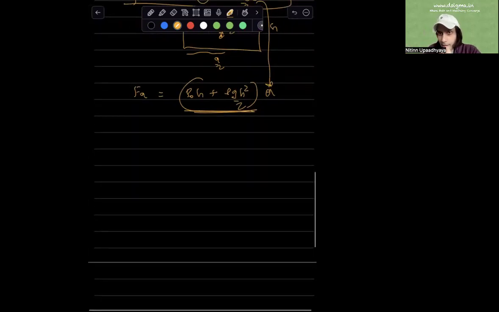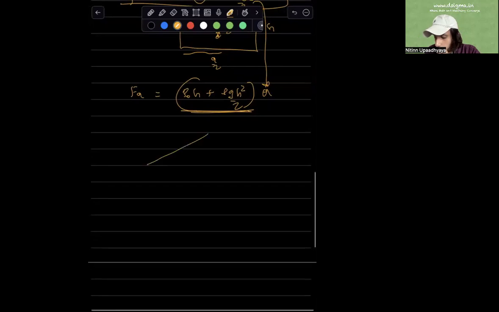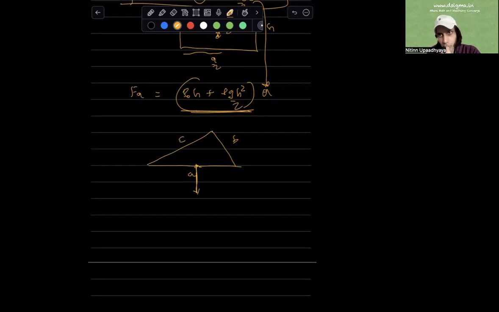So in a nutshell, if I have a triangular system like this, which has lengths A, B, and C, the force that will be exerted on this face will be normal to the direction of the face. Now remember that if this is the x-axis and that's the y-axis, this face has one side along the x-axis. This depth is along the z direction, right? That's the height of the column.